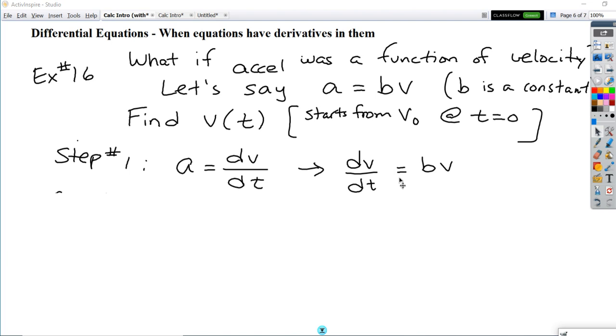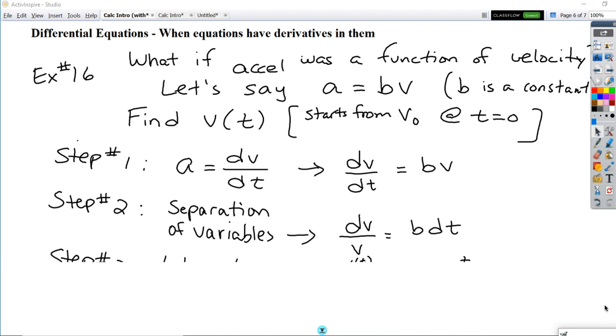Now to solve it, what we want is to find velocity as a function of time. So in this next step, we call it separation of variables. v and t are your two variables that we care about. v is dependent, t is independent. This letter b is just a constant. It doesn't matter where that goes, really.